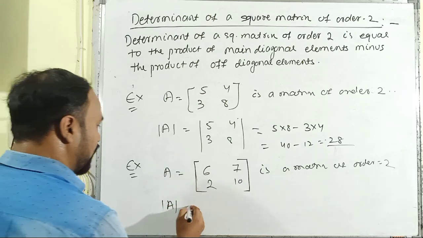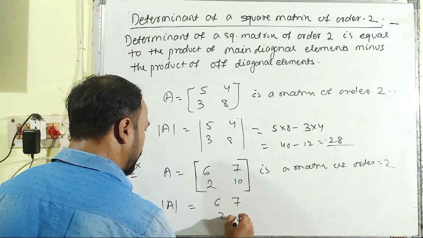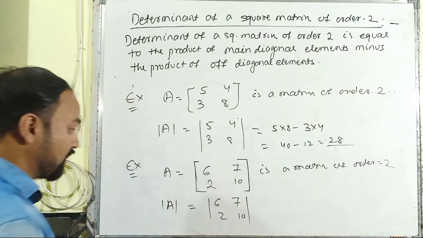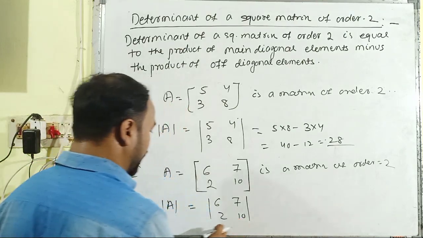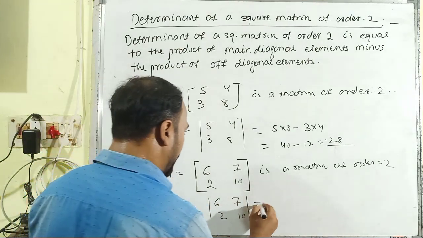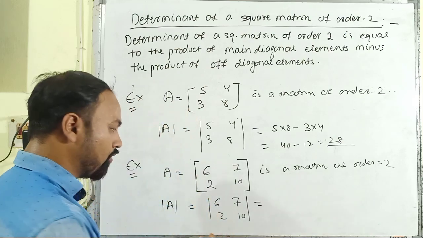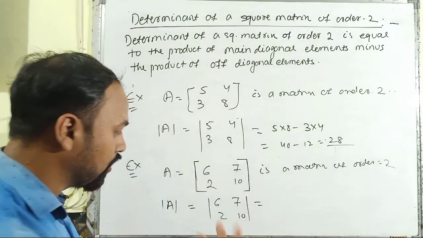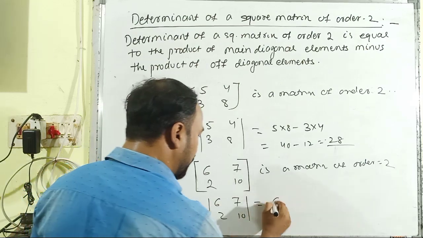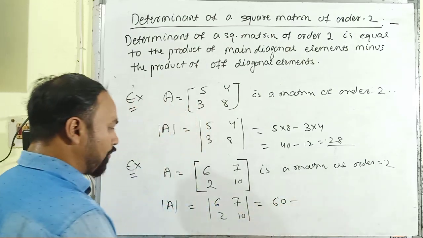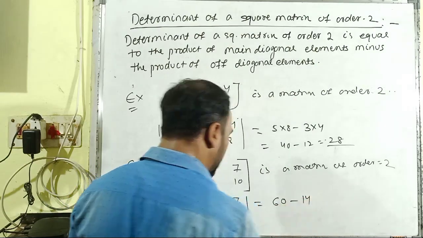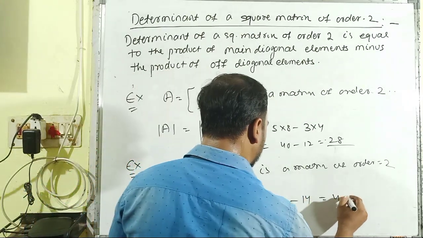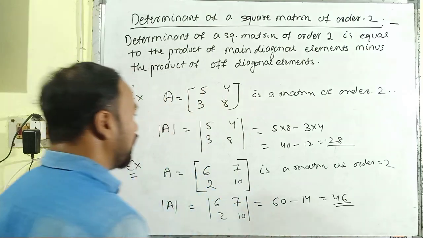Determinant of A is equal to, first of all we remove the symbol of matrices and represent it in the determinant form. Then we apply the procedure: the product of the main diagonal elements, 10 into 6, is 60, minus the product of off diagonal elements, 7 into 2, that means 14. That means it is 46, and here is the answer.